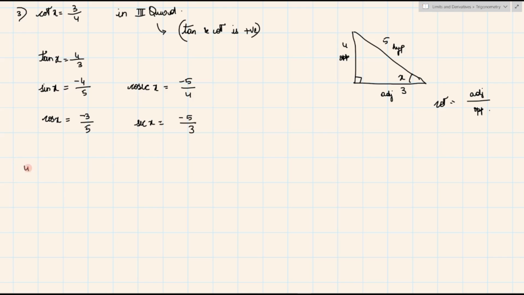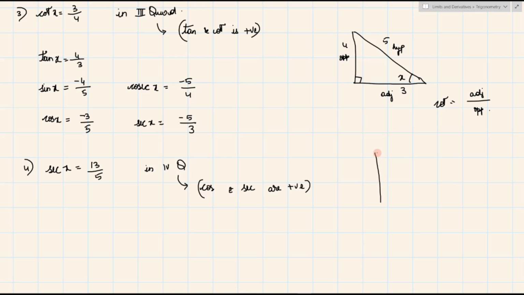Fourth question, we have secant x is equal to 13 by 5 in the fourth quadrant. Alright, so in the fourth quadrant cos and secant are positive, the rest of the functions would be negative.